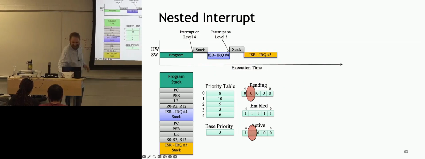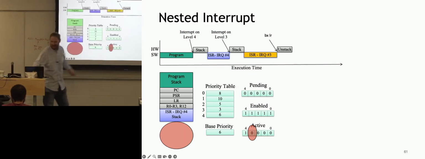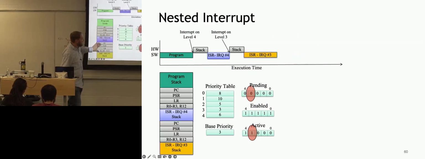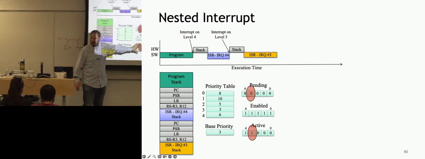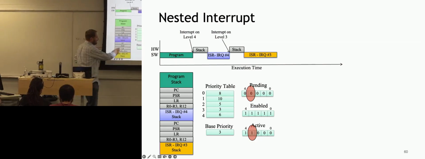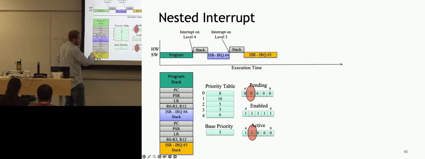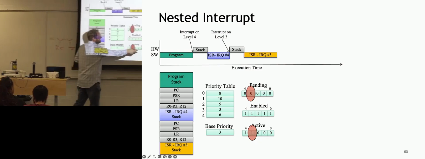Then the mere action of unstacking forces this data to go back onto the core. Mechanically, a hardware function takes the program status register, which encodes this information, the link register, R0 through R3 and R12, puts that back on the registers, and then changes PC.